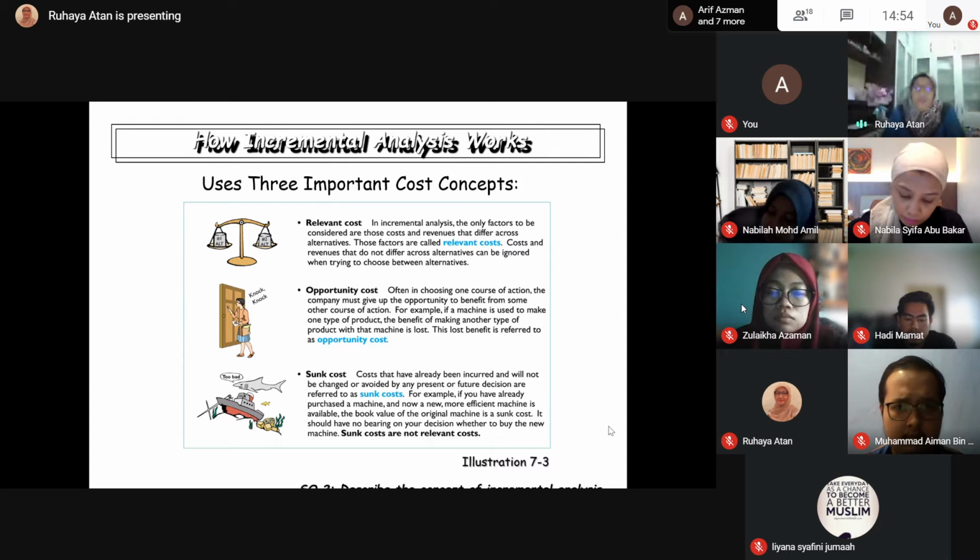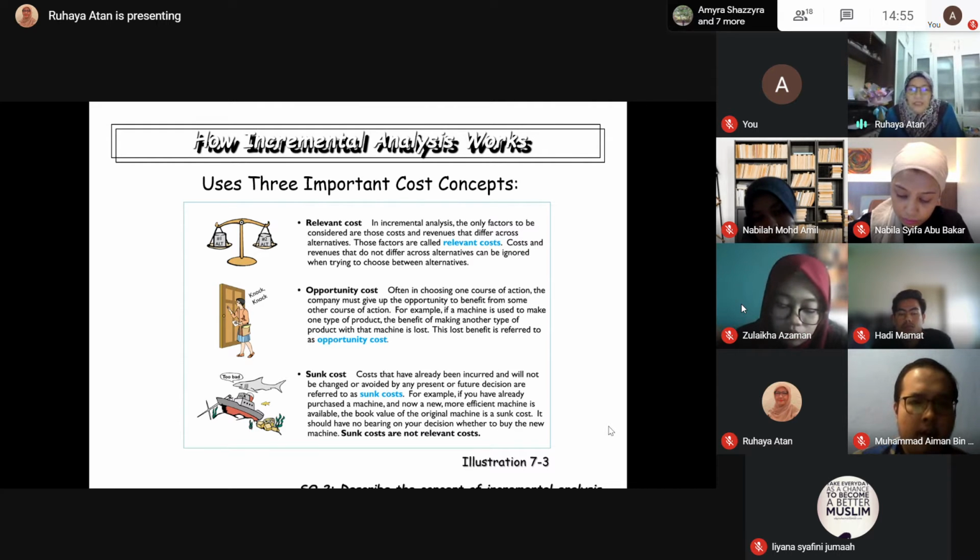So that means you have already decided, and then you have already incurred the cost. I'll give you a good example here. If you have already purchased a machine and now a new, more efficient machine is available, the book value of the original machine is a sunk cost, right? It should have no bearing on your decision whether to buy the new machine or not. So sunk costs are not relevant costs.